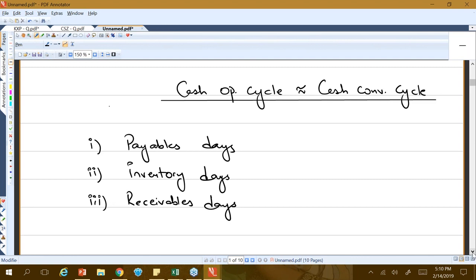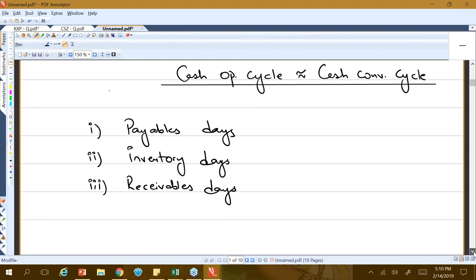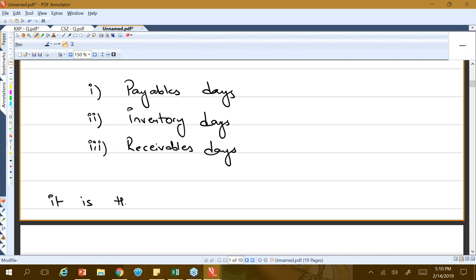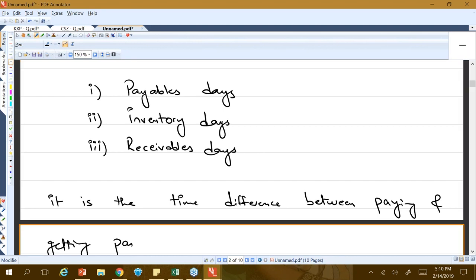Now, what is the cash operating cycle? It is the time difference between paying and getting paid. Paying to whom? Paying to the payables.